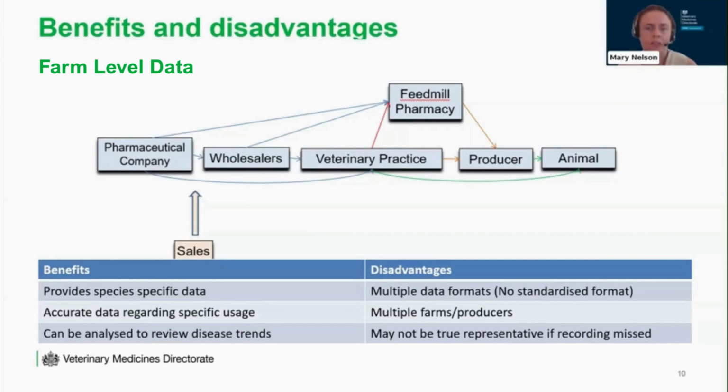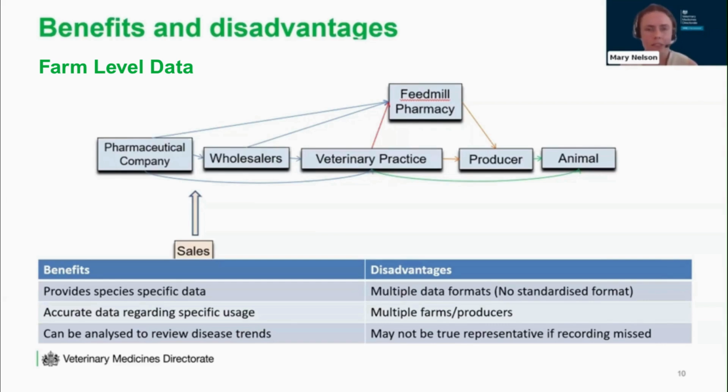As well, different sectors have different numbers of farmers. So in the UK, we have lots of farmers who produce cattle and sheep, and that can make it difficult to collect the data. Also, farms may be multi-species, so we're collecting multiple different species data from a single farm.